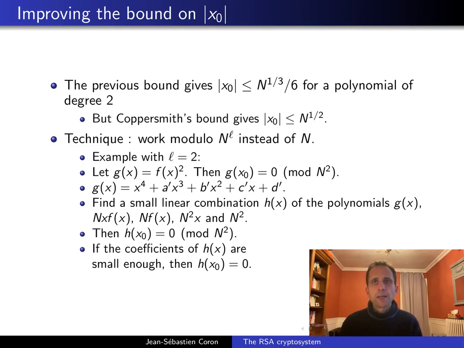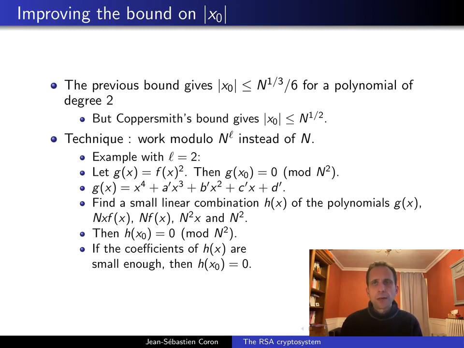Now we are going to look for a small linear combination h of x, but this time of 5 polynomials: g of x, n times x times f of x, n times f of x, n squared x, and n squared. For these 5 polynomials, x0 is a root, and this time modulo n squared, not only modulo n.